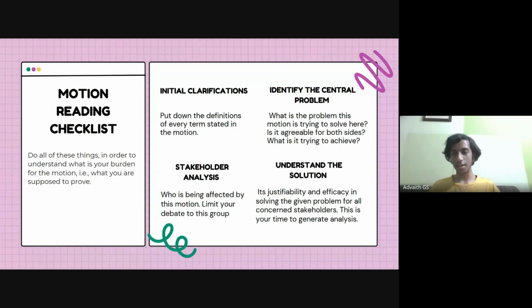That's good. That's where most of the debate is going to happen.